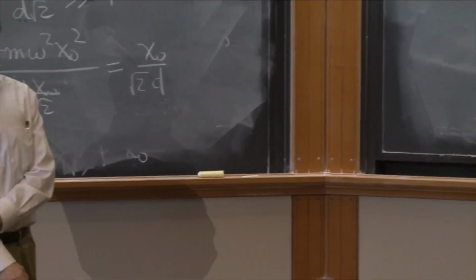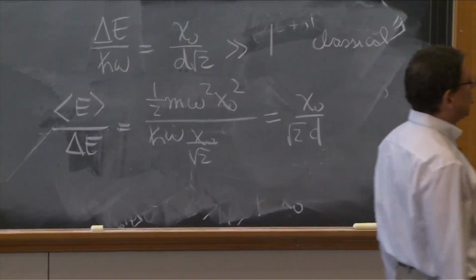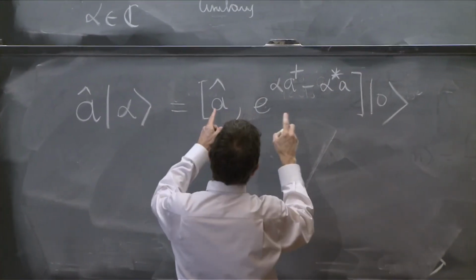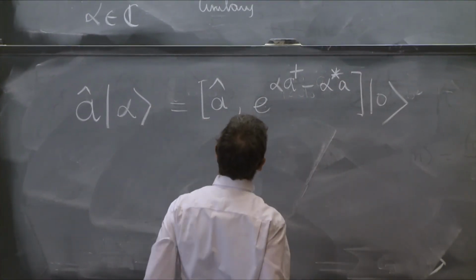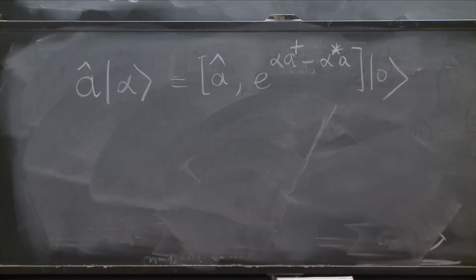I can replace that product by a commutator, because the other ordering is 0. So this is equal to the commutator, because the other term, when A is on the other side, is 0 anyway. And now I have to compute the commutator of A with an exponential.